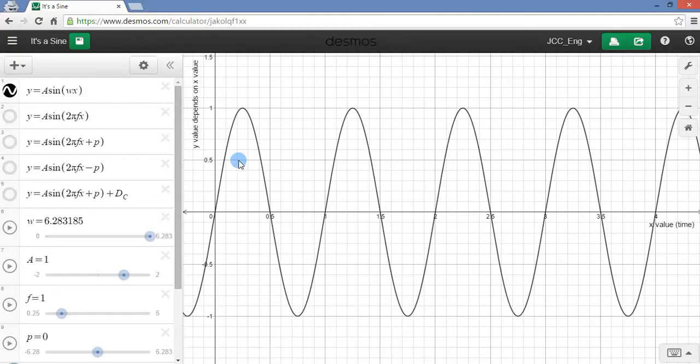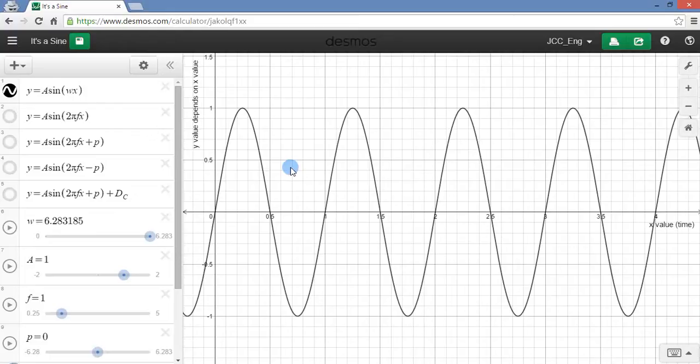So if the sine wave spun around once per second, then 1 per second is a frequency of 1 hertz. So 2 pi f is omega, and if f is 1, then omega must be 2 pi for that equation to stand true.